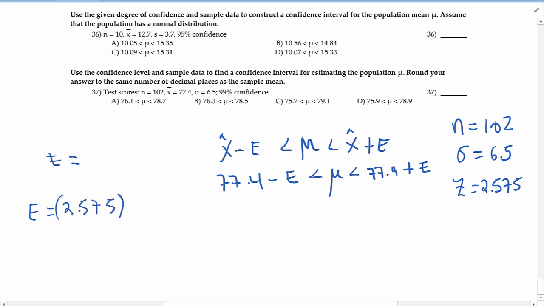So that gives me the error to be 2.575 times 6.5 over the square root of this large sample size, 102. I can multiply the numerators first, 2.575 times 6.5, and then divide that by the square root of 102, and that gives me 26.